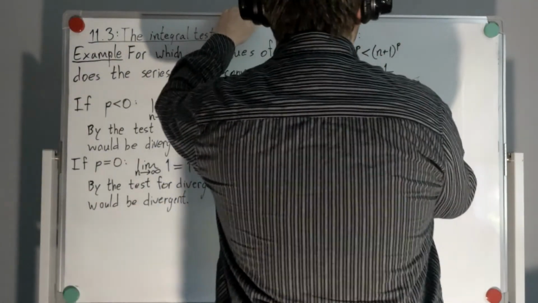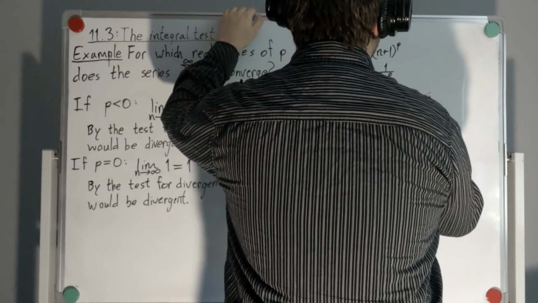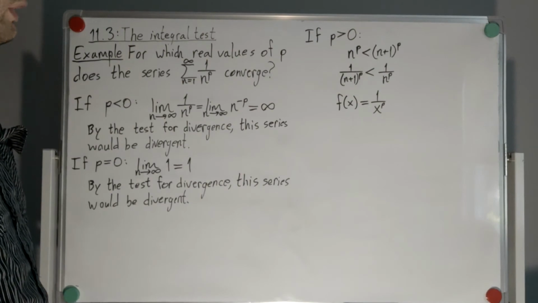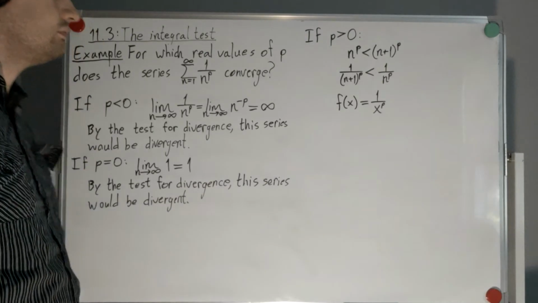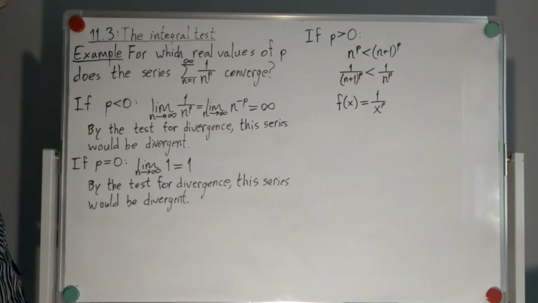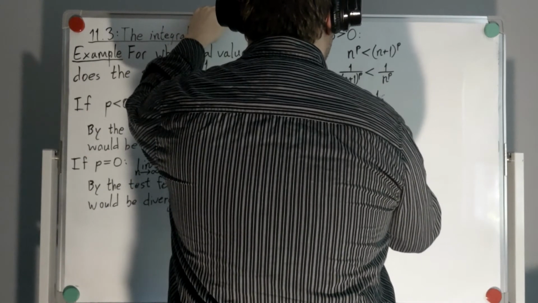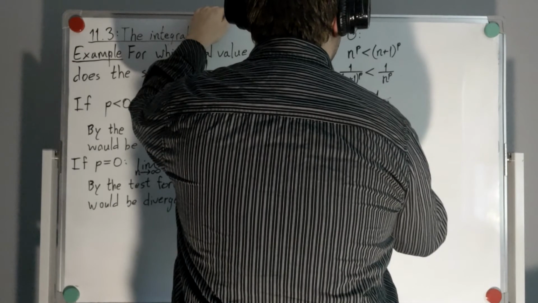So we'll just look at the function f of x equals 1 over x raised to the pth power. That's continuous and defined from 1 to infinity. So the integral test can apply. Now we're looking at the improper integral from 1 to infinity of 1 over x to the pth power.